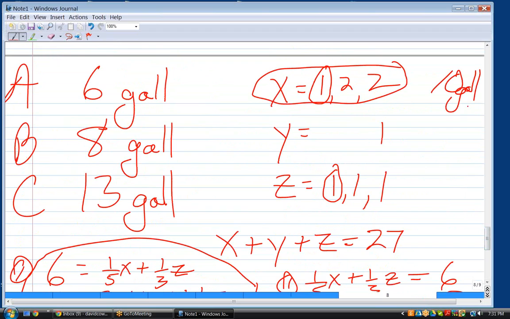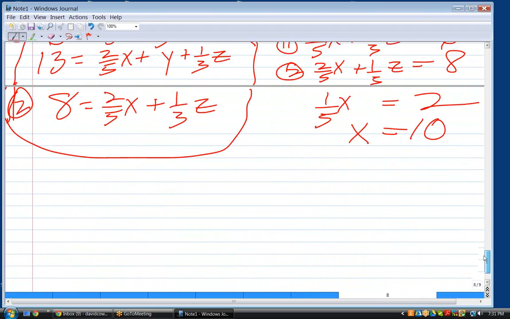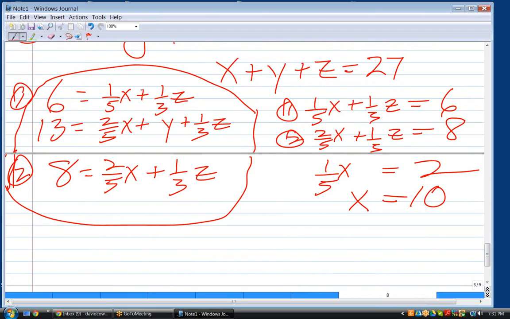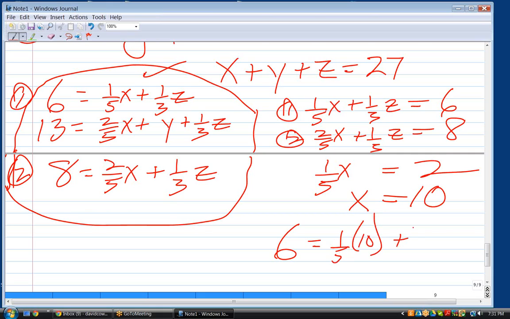Then you can plug that into either equation to solve for z. Let's plug it into the one with the lowest numbers. So I've got 6 equals 1/5 times 10 plus 1/3 z.